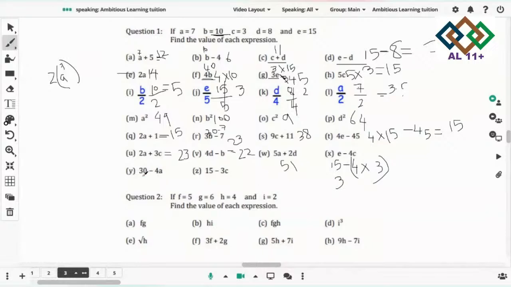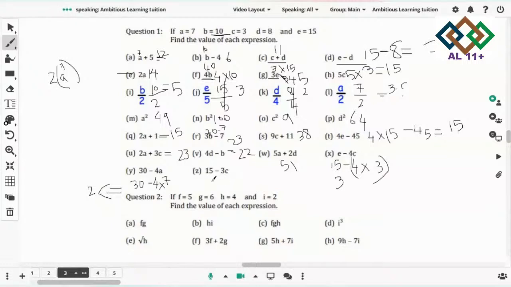Then you have 30 minus 4a. a is 7. So you have 30 minus 4 multiplied by 7. When you do all of this, you will get the answer as 2. Now z is 15 minus 3 multiplied by c.